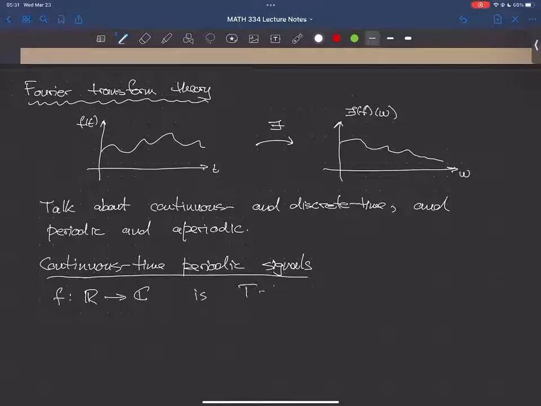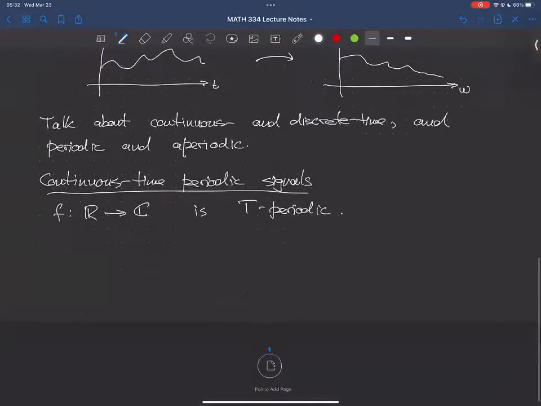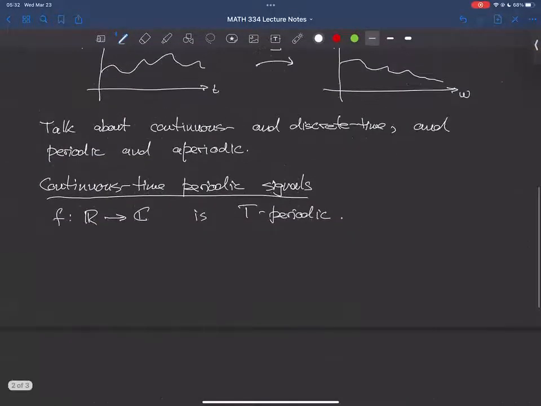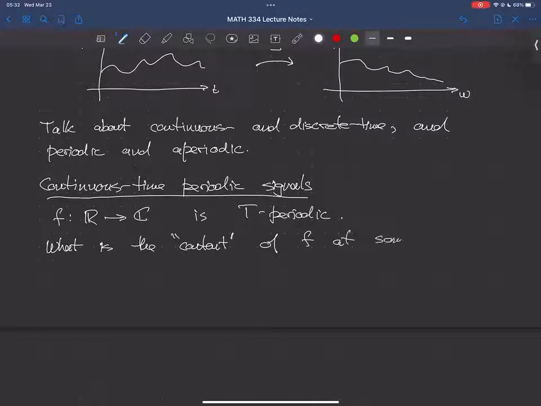Okay, so we have some T-periodic signal f. Now what might it mean to say what is the content of f at some frequency?